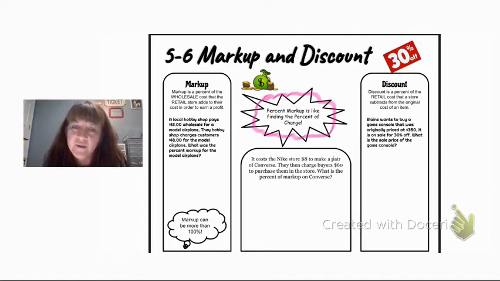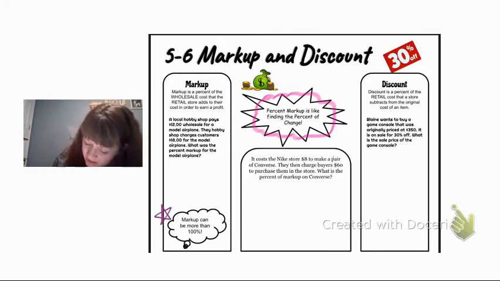So let's say you go to Academy and buy a pair of tennis shoes that cost $60. That doesn't mean that the store earns all of that $60, because the store had to spend money on the shoes first. But they have to earn a profit. So in order for a store to make money, they have to mark things up. Look at the first example. It says that markup is a percent of the wholesale cost that the retail store adds to their cost in order to earn a profit.